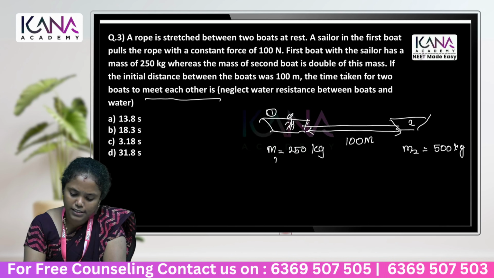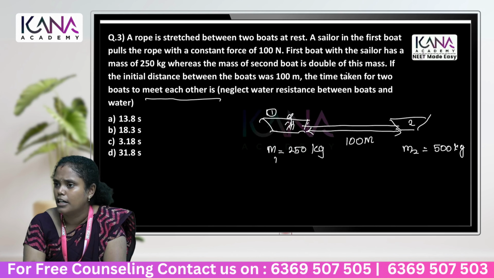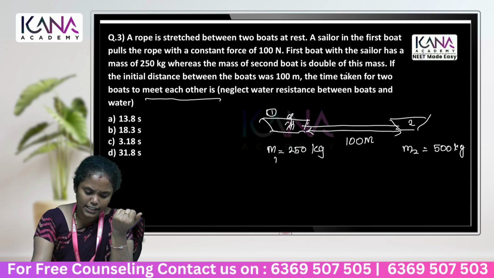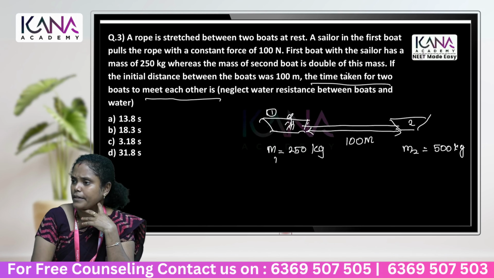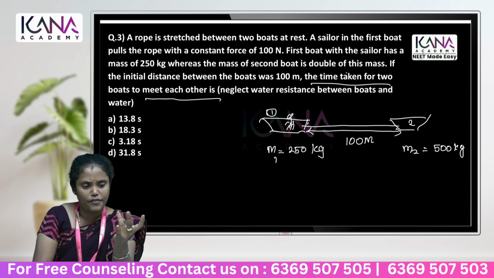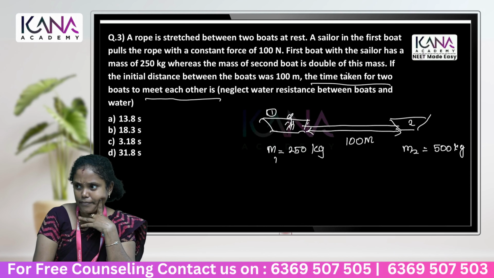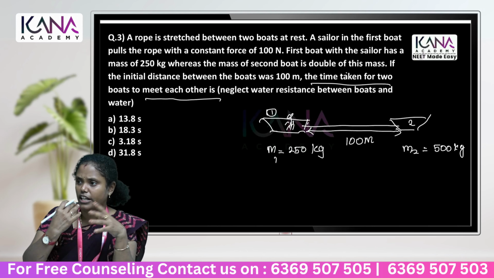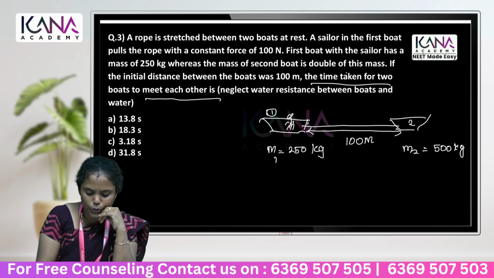Here mass and force are given. If we take relative motion, we can take displacement, velocity, acceleration. At the end we are asked to find time. For which quantity do we use relative motion: S, V, or A? A. Good, Darshini. But to find A for each boat, what should we do?